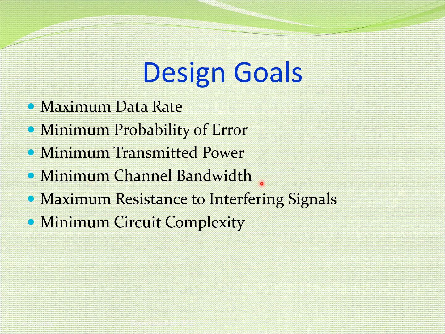The bandwidth should be effectively used, that is, it should be minimum. The signal should have resistance to interference, and the circuit complexity should be minimum. Any digital communication method or model will be selected for communication based on these parameters. So these goals are very important to remember when designing a digital modulation scheme.